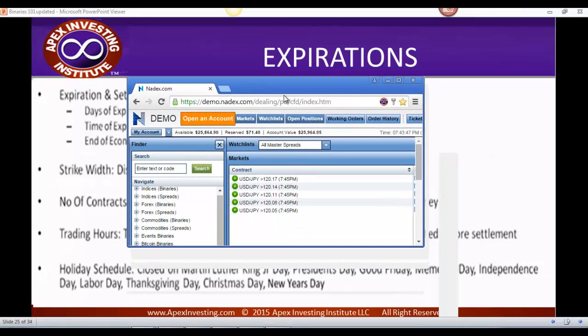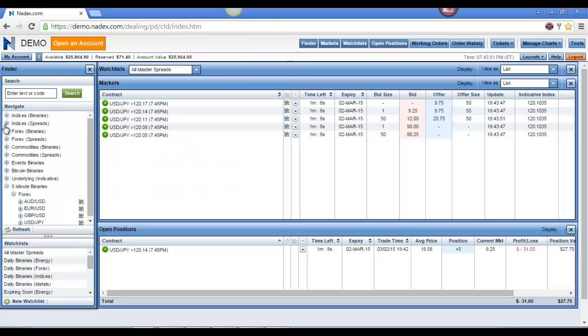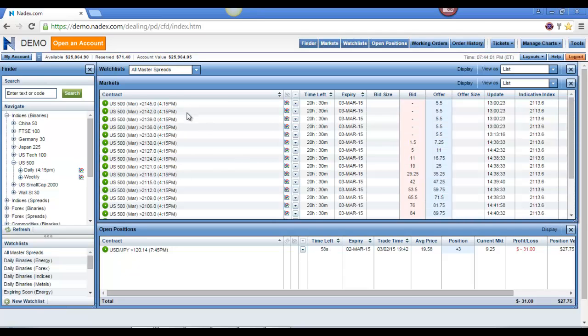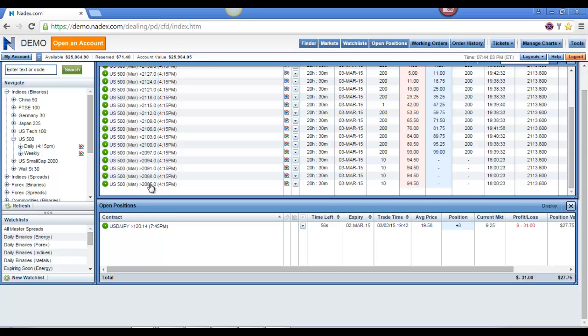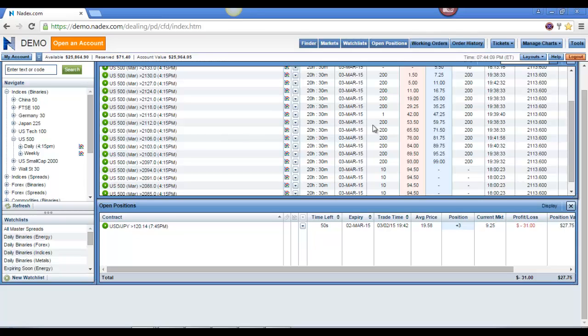That means, let me just give you an example here. Let's look at something a little different. Let's look at the indices for tomorrow's daily. These are all the different strikes: 2085, 2088, 2091. And what you'll always have is, right now the market's at 2113.